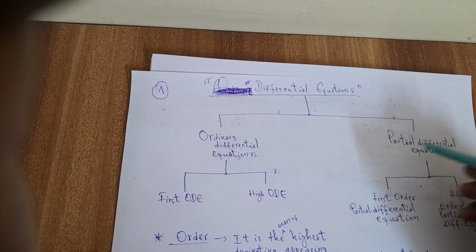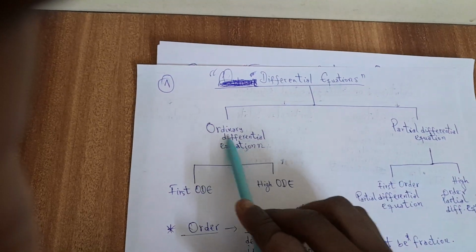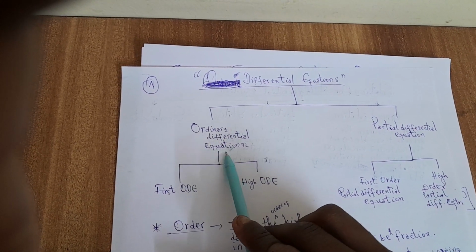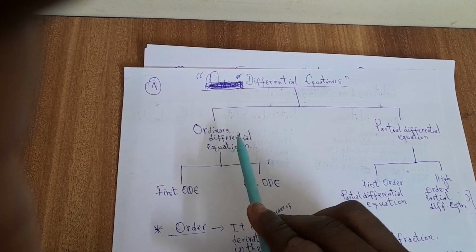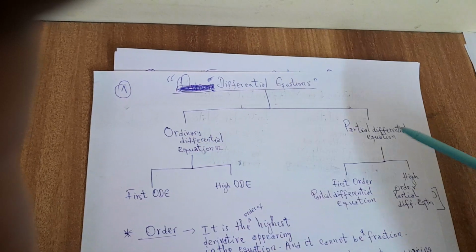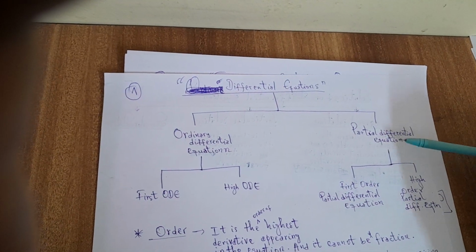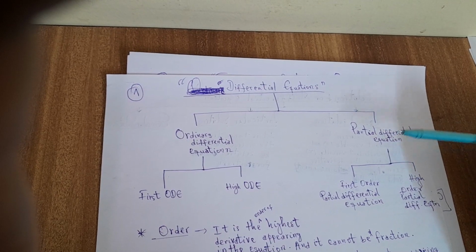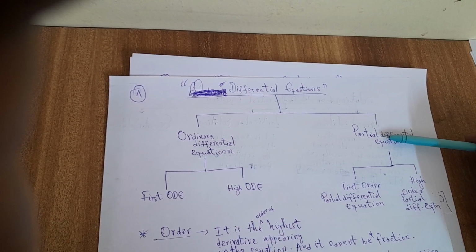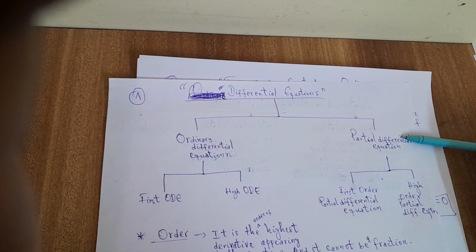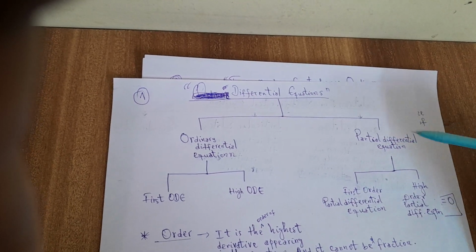In a nutshell, an ordinary differential equation is applied only when we have total derivatives, and a partial differential equation is applied when we have partial derivatives, in which we can find more than one variable to be differentiated.